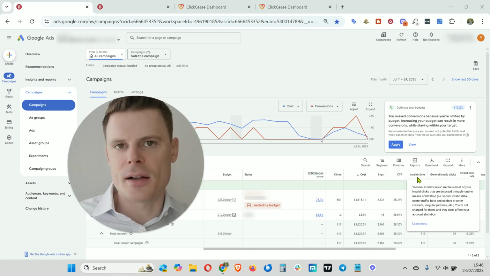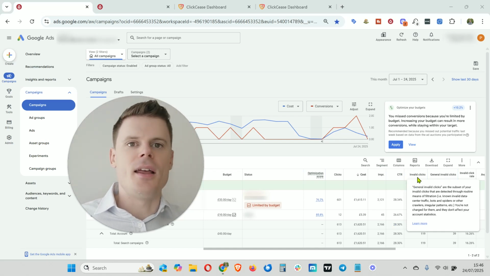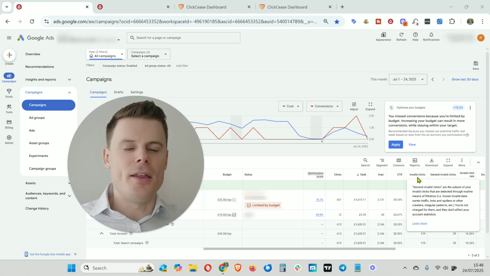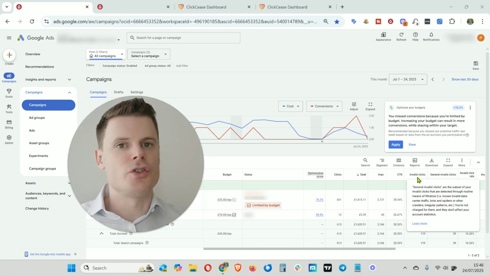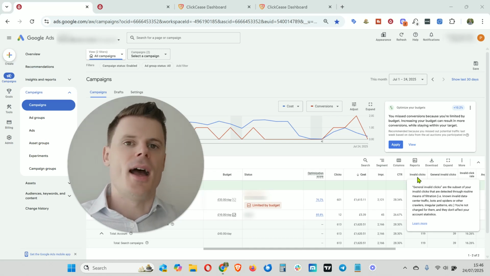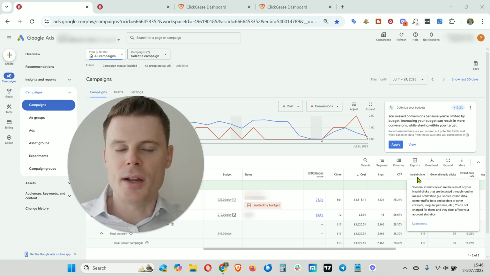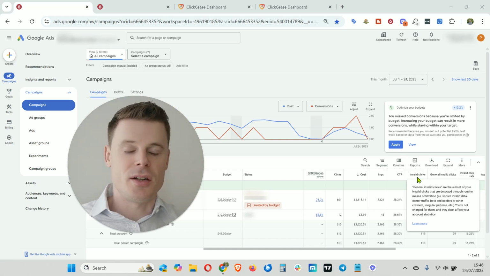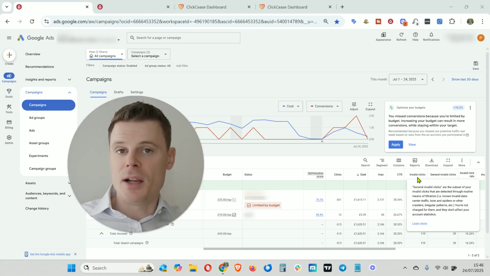So what is an invalid click? An invalid click is a click that Google has identified as being either a repetitive click, perhaps from a well-meaning person who's just clicking your ad many, many times, and you're not going to get charged for every single one of those clicks. It could be bot traffic that is browsing the web automatically, browsing websites, clicking on ads, or it could also be malicious traffic.